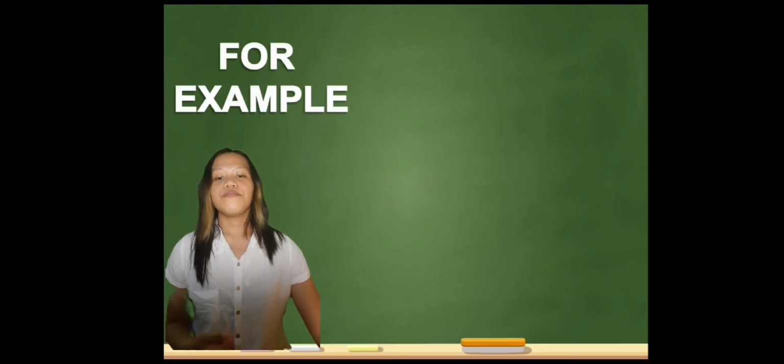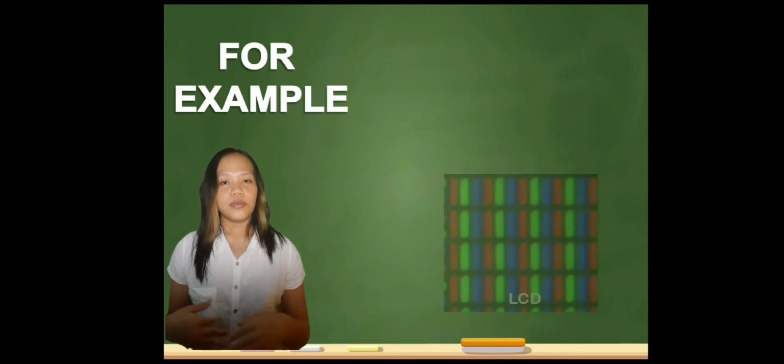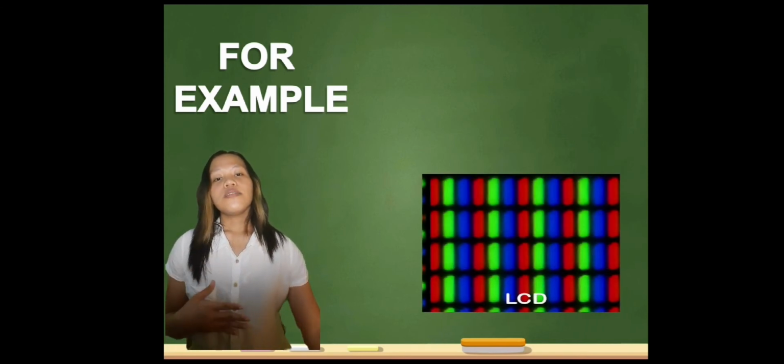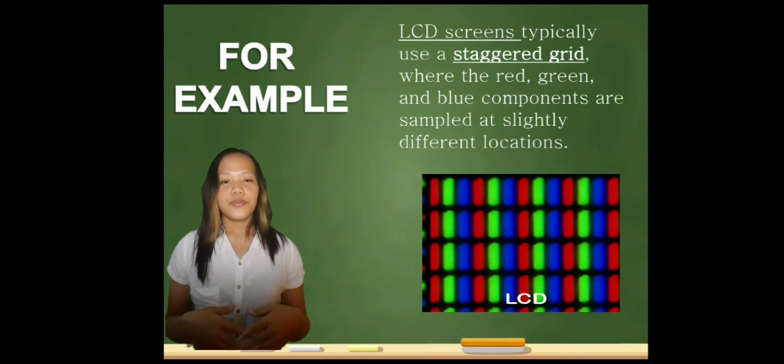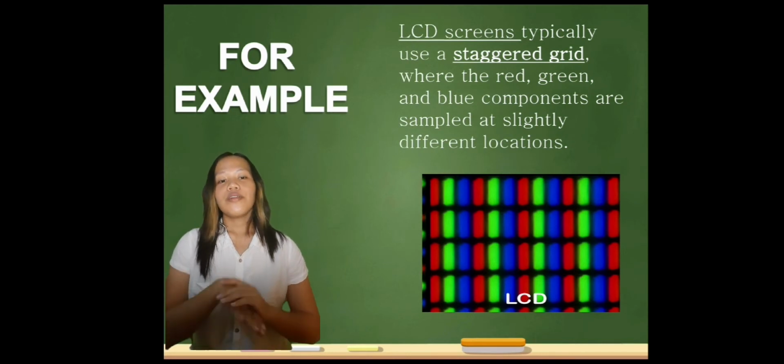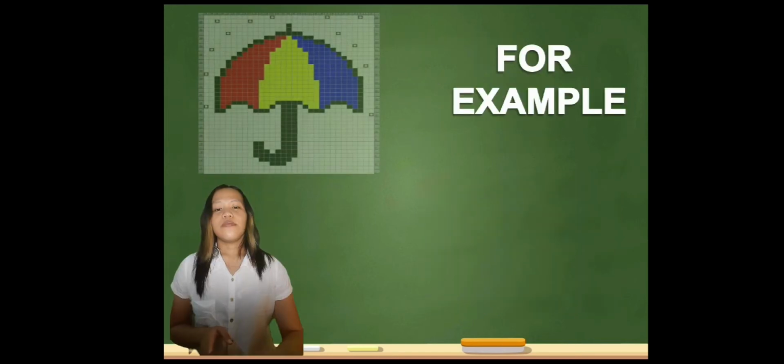For example, LCD screens typically use a staggered grid where the red, green, and blue components are sampled at slightly different locations. Here is a sample also.